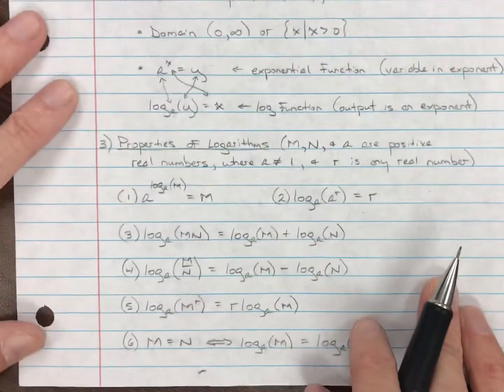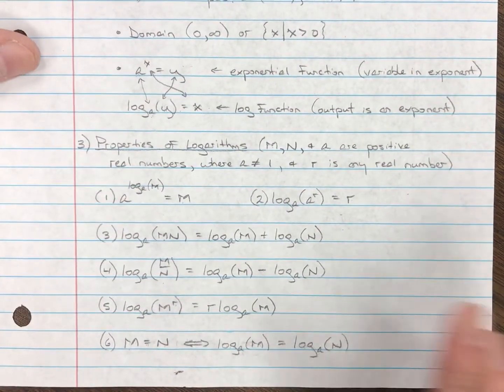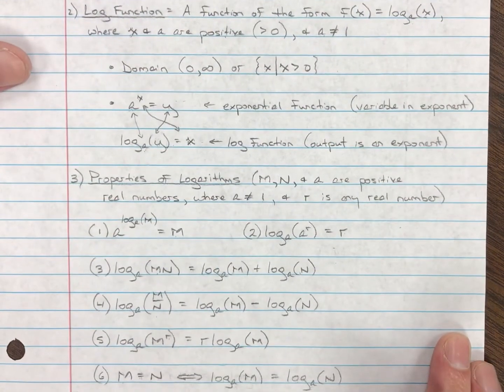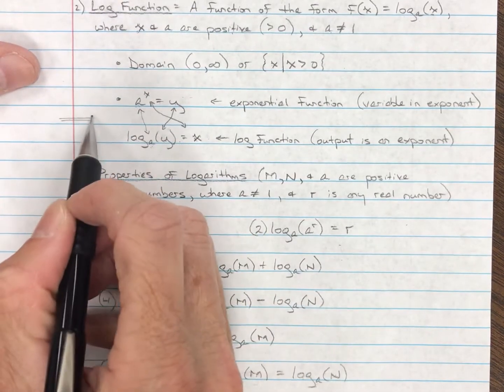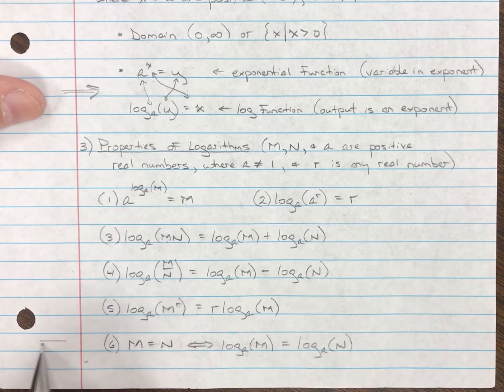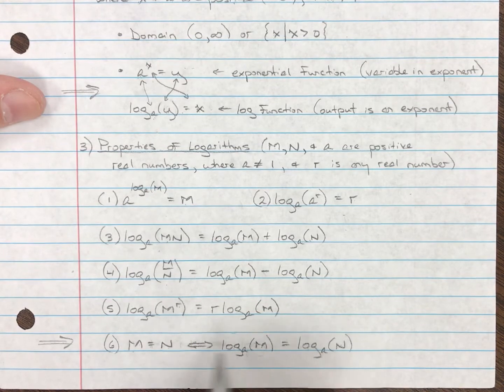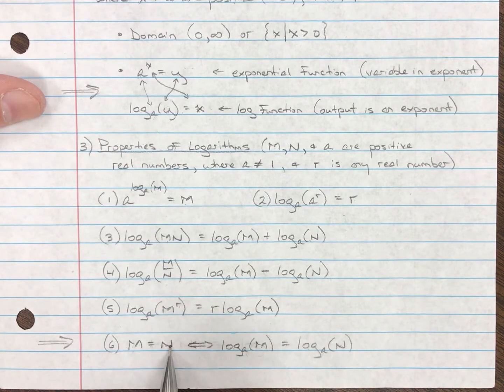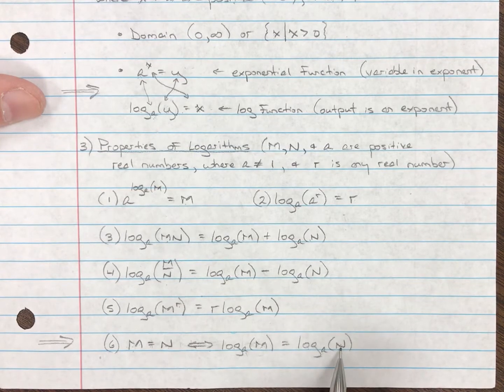Let's remind ourselves of the properties of logarithms. I'm not going to read through these again, but alongside this is a very important thing we're going to make use of today. The other one we're going to use a lot is property number 6, as I've written it. It says that if we have a positive something equal to a positive something, then the log base a of the left side is equal to the log base a of the right side.